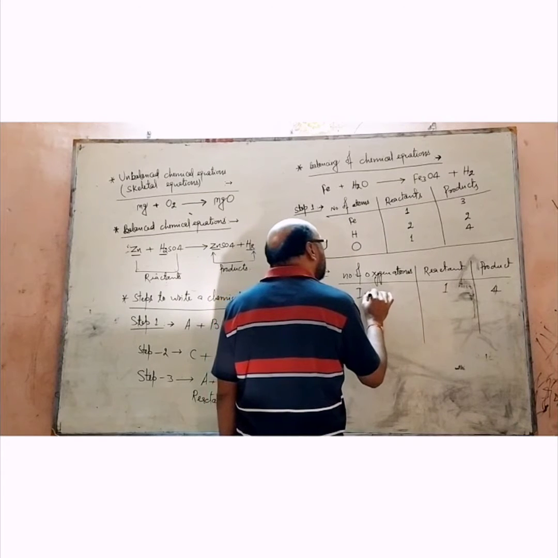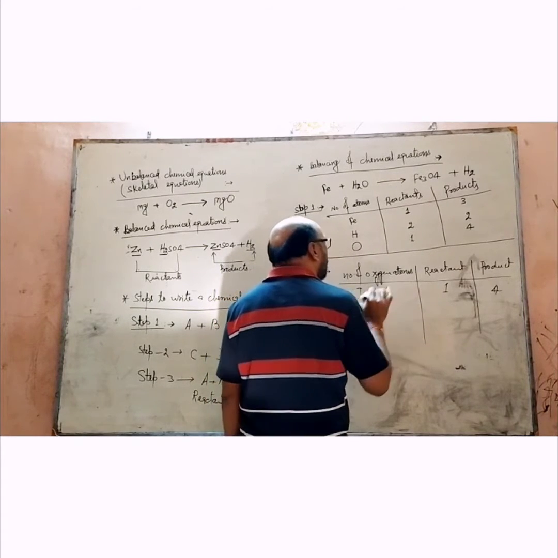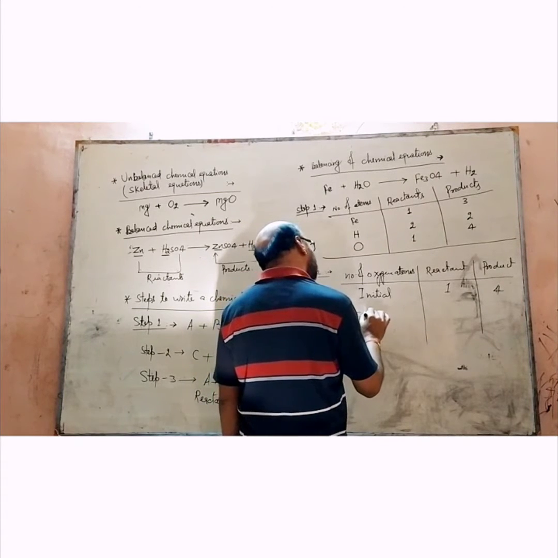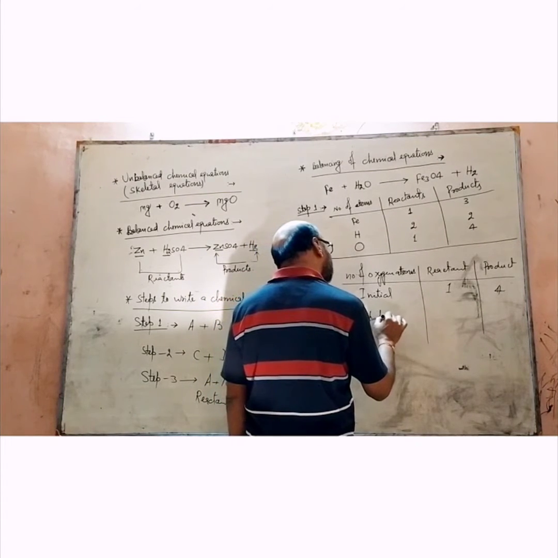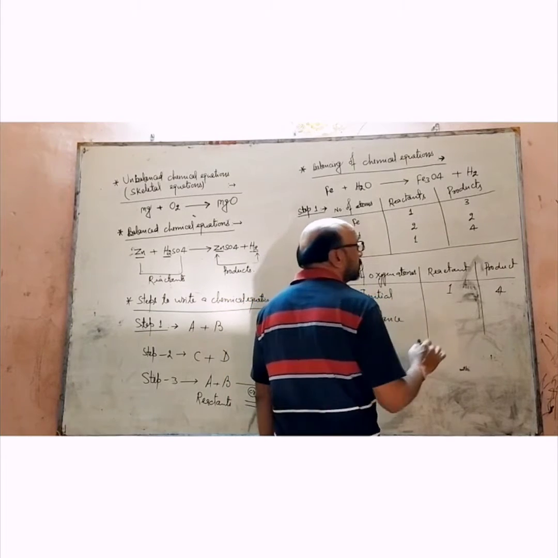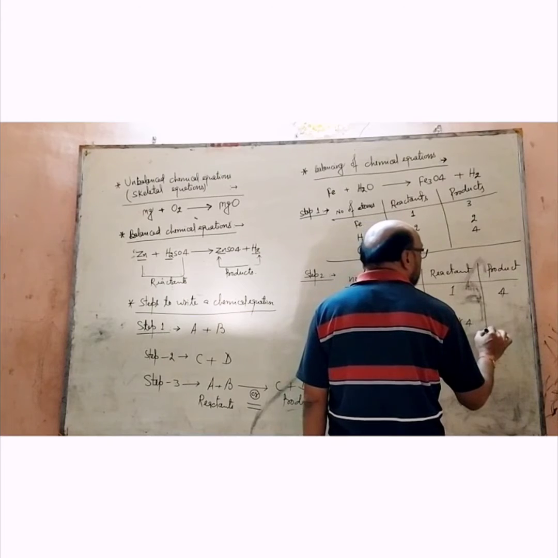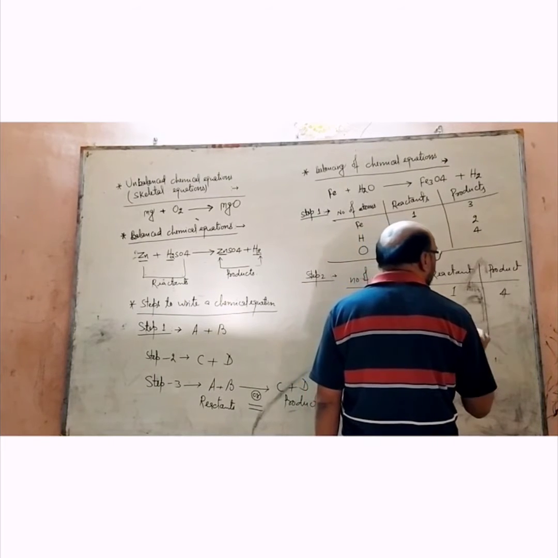This is the initial number of oxygen. Now to balance, we shall multiply it by 4. It becomes equal.